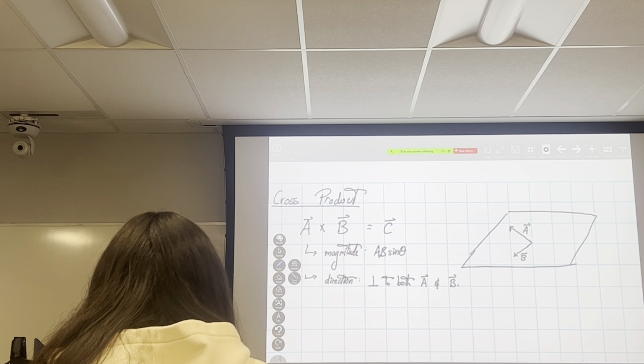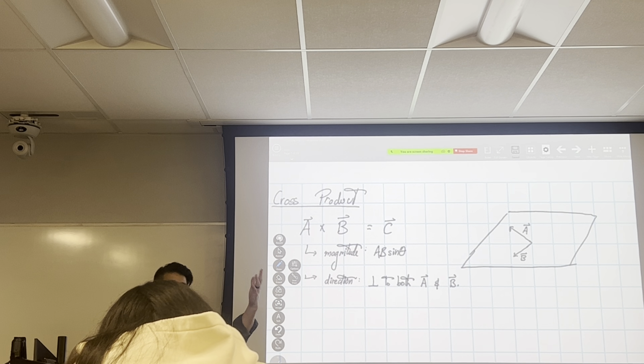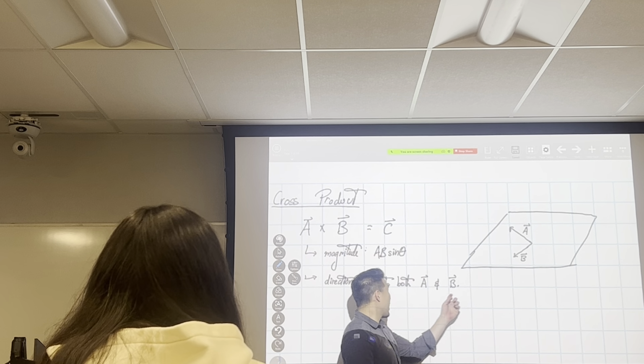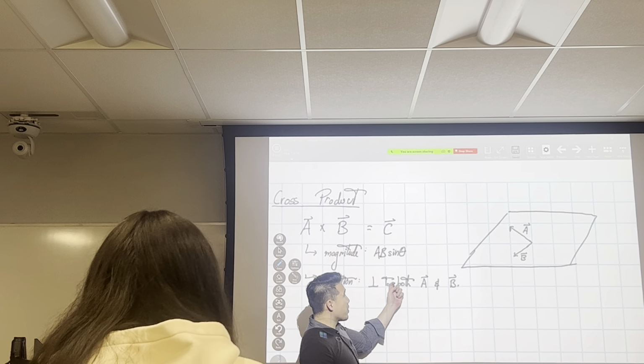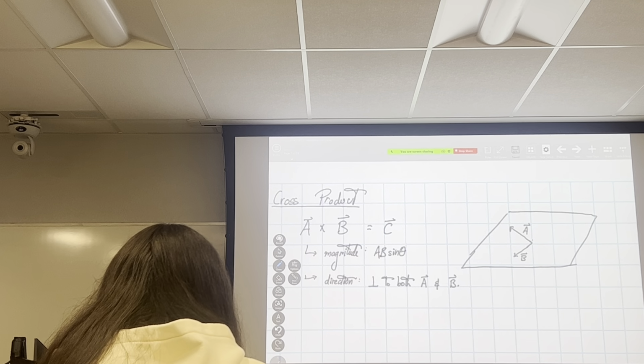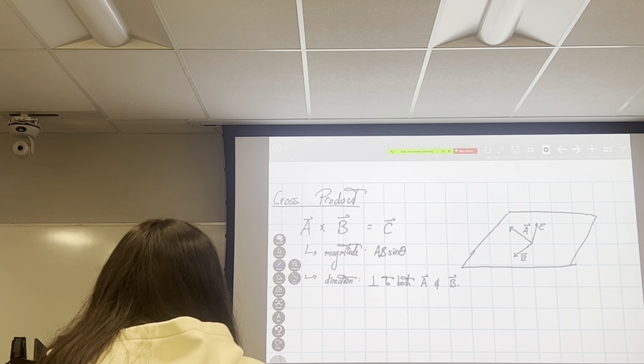No exceptions. Any two vectors that have the same origin, you can draw a plane on them. The reason why we want to draw this plane is this statement, perpendicular to both A and B, is simply saying our vector C is going to be perpendicular to this plane. That's pretty much all that's saying.